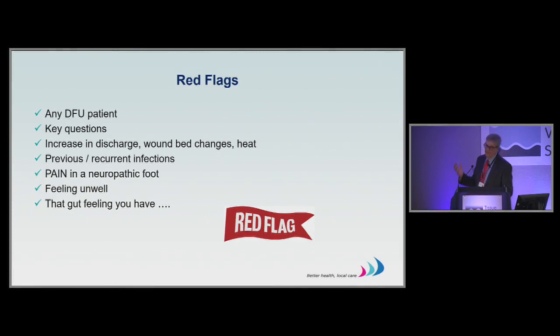But we were just looking at this, so any diabetic foot patient could present with an infection because they've got an open wound, and then looking at key questions to ask for a patient or a clinician to look at. So we look at increase in discharge, wound bed changes, heat in the foot, previous recurrent infections. Pain in a neuropathic foot is a significant risk identification for an infection. And then feeling unwell.